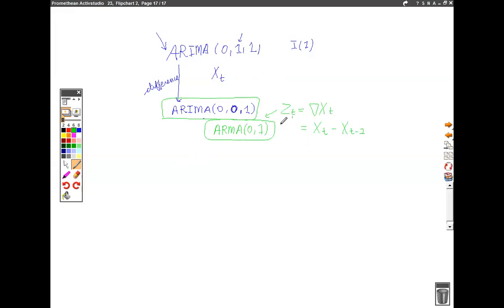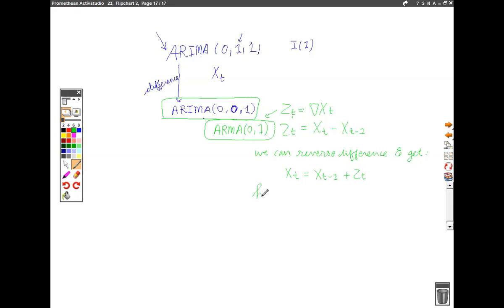rewrite this expression here. So we can reverse difference and get the value for xt. So if I have to write my value for xt here, what I will get is xt minus 1 plus zt, right?